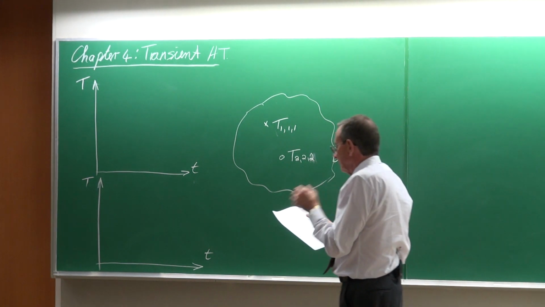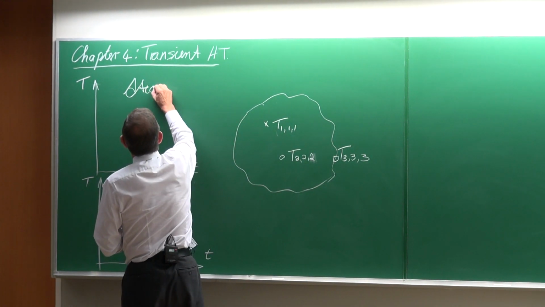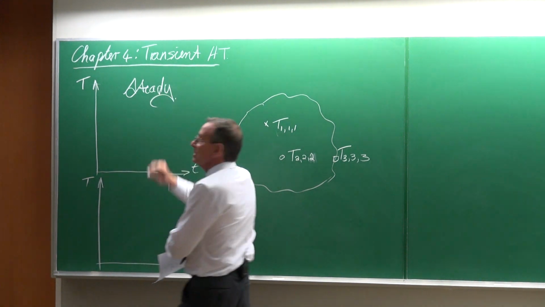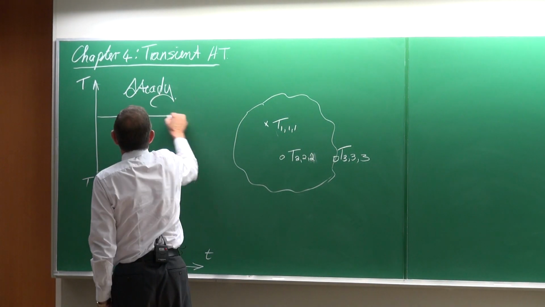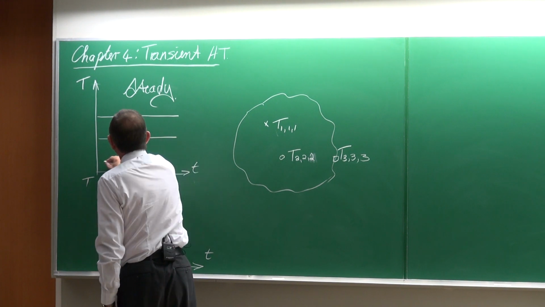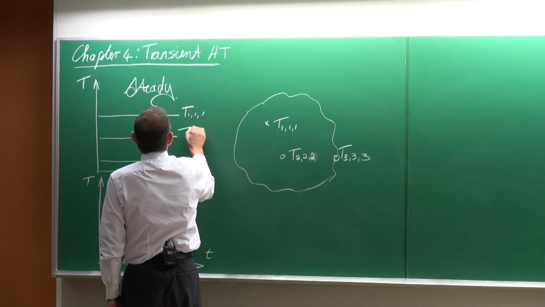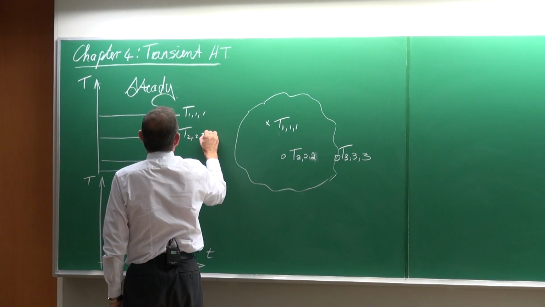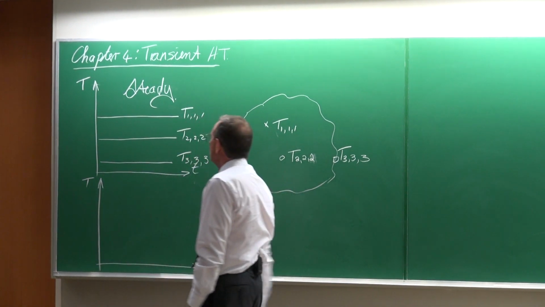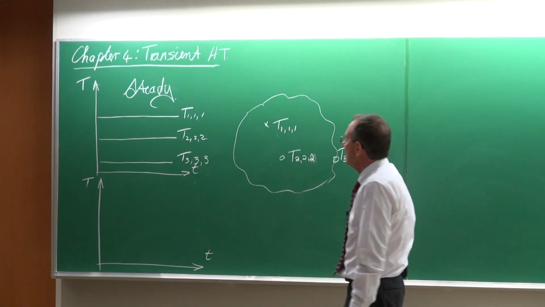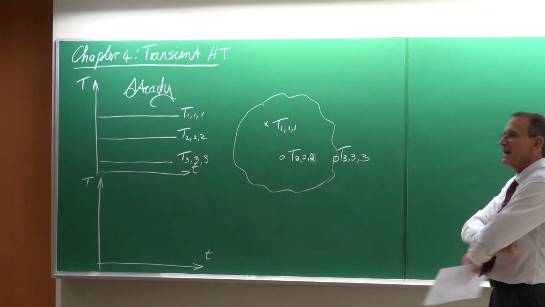Now, if we have what we call steady state, and that is what you've done in chapters 1 to 3, then those temperatures would remain constant as a function of time. So if we would measure the temperatures with a thermocouple or any other device, temperature as a function of time, we would get the same readings.